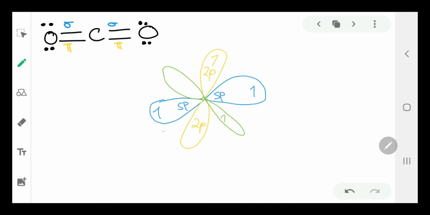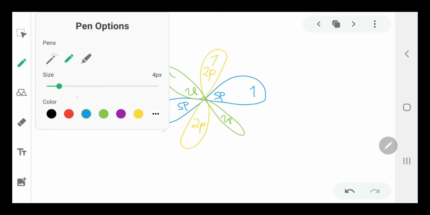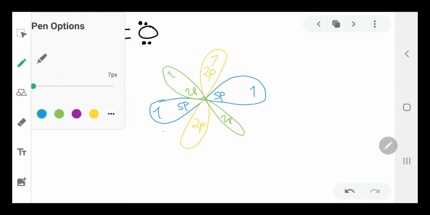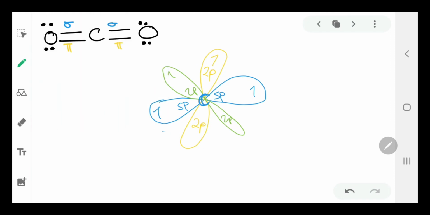So this one is also 2p. 1 unpaired electron, and in the middle, that is your carbon. Okay, so what about oxygen?